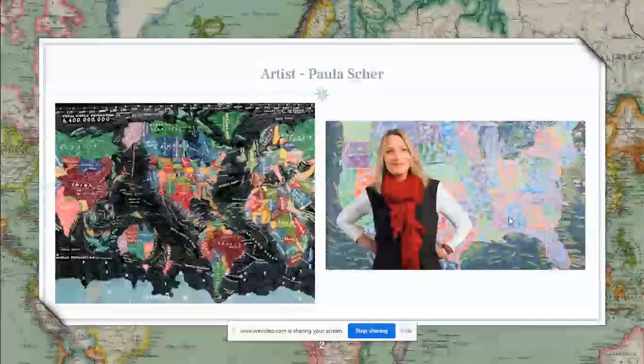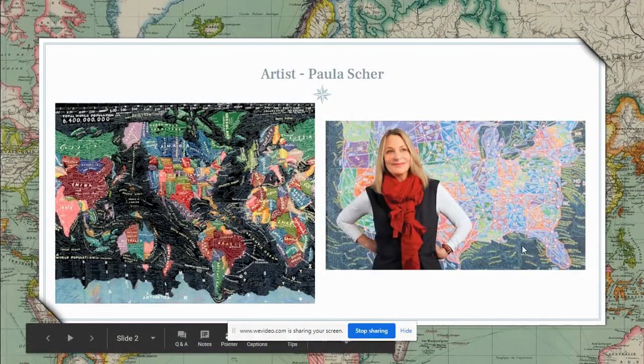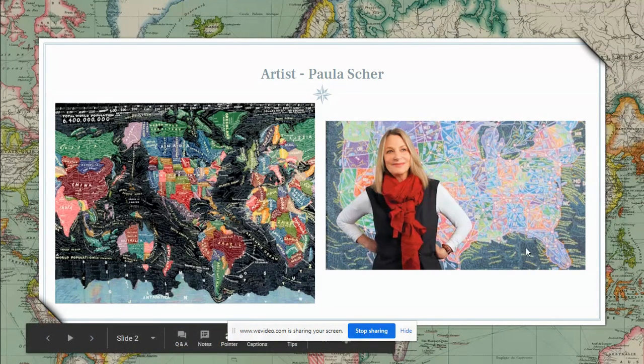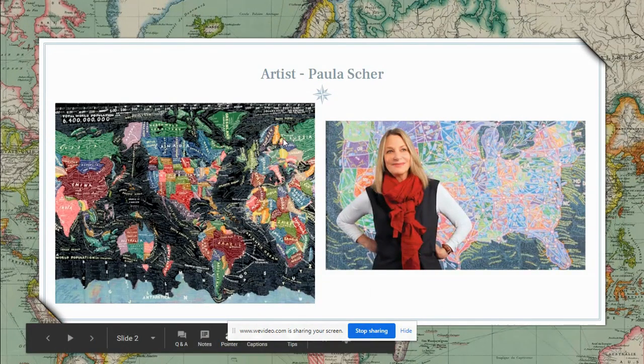And this is just something that she came up with from her own imagination of all of these different highways and freeways that go across the country. And then she put in some major cities. And even still, she has more writing in the background of each state and even in the oceans and the Gulf of Mexico. So if you want to take a look at her artwork, there are some really cool maps that she has done.